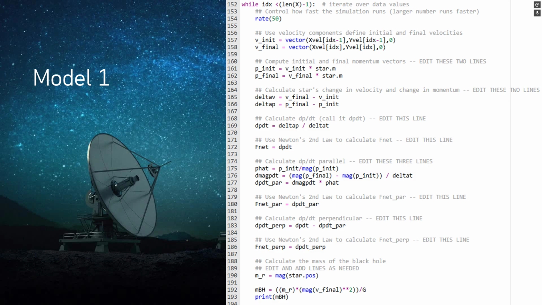It's also important to note line 192, in which you can see that the mass of the black hole is equal to a seemingly random set of values, but that is actually the universal gravitation equation, which has been solved for m in order to get the mass of the black hole.